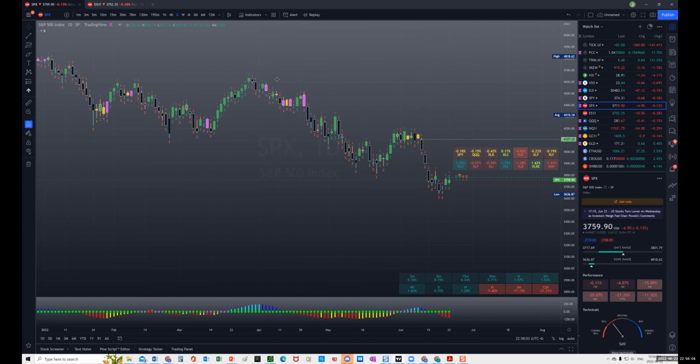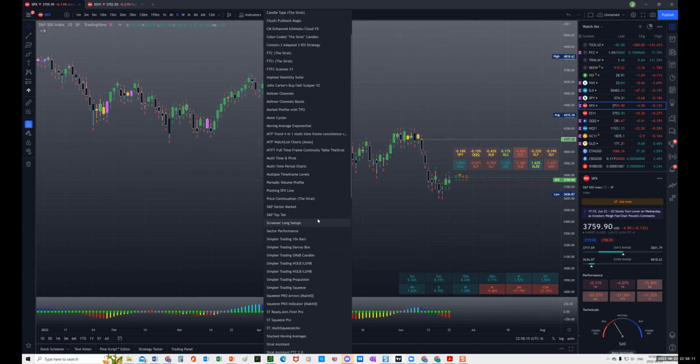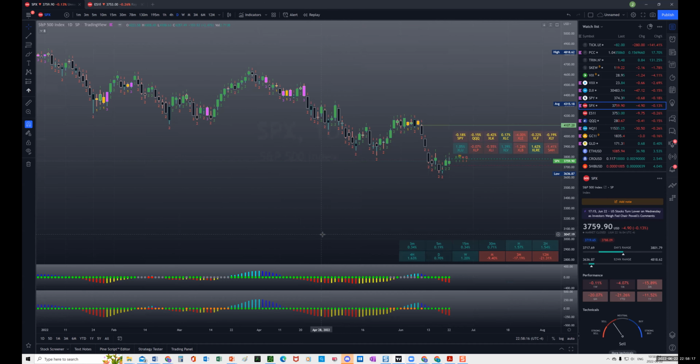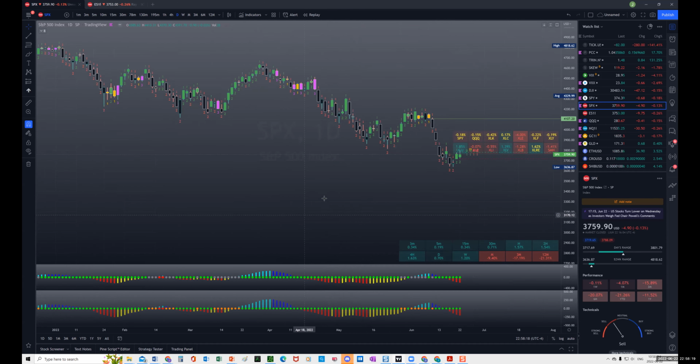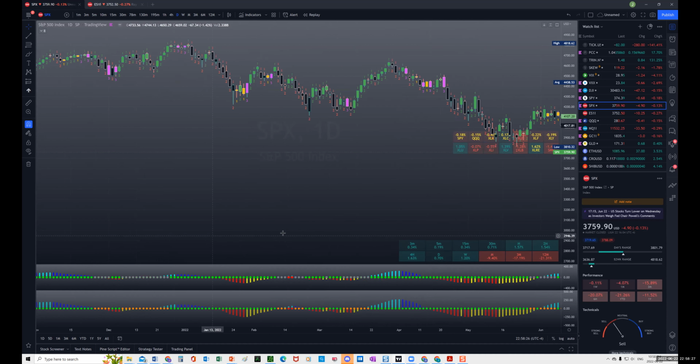The question is about the indicator on TradingView and who created it. That was actually right at the beginning of the presentation. I'll pull it up here. That would be Squeeze Pro Indicator by Mackett. Let me throw that up here on the chart. You can see it's very close to what the regular squeeze is showing.